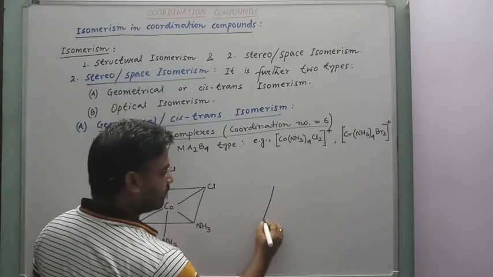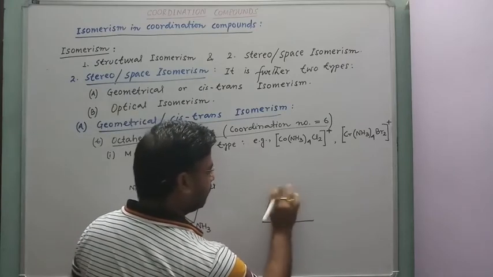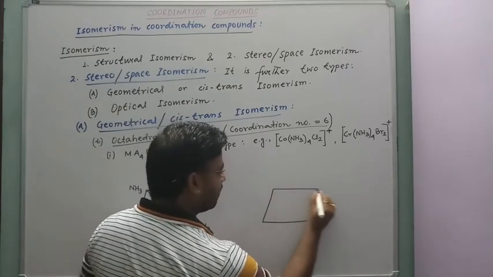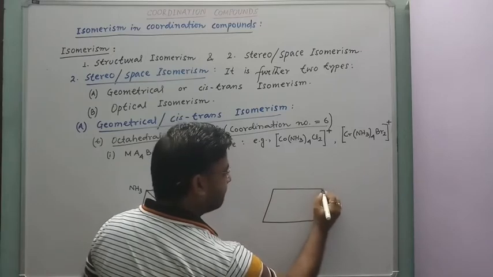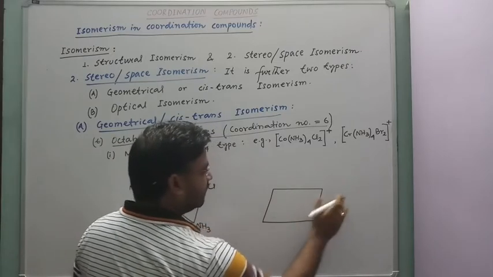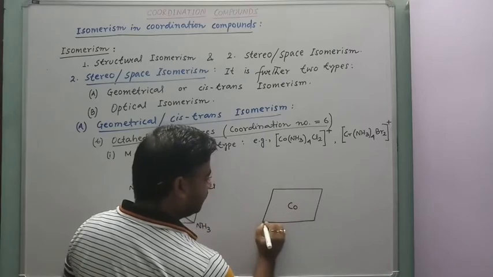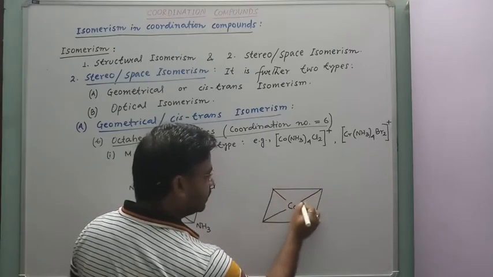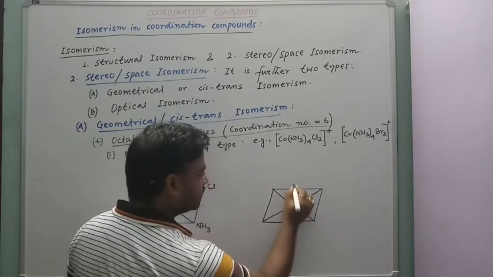Similarly, here cobalt central atom 1, 2, 3, 4, 5, 6.